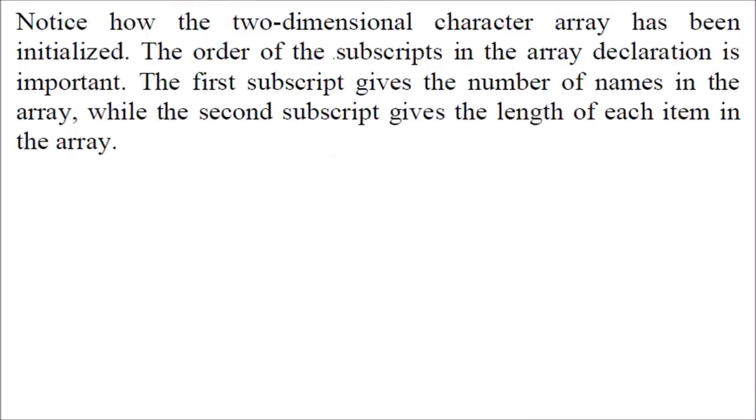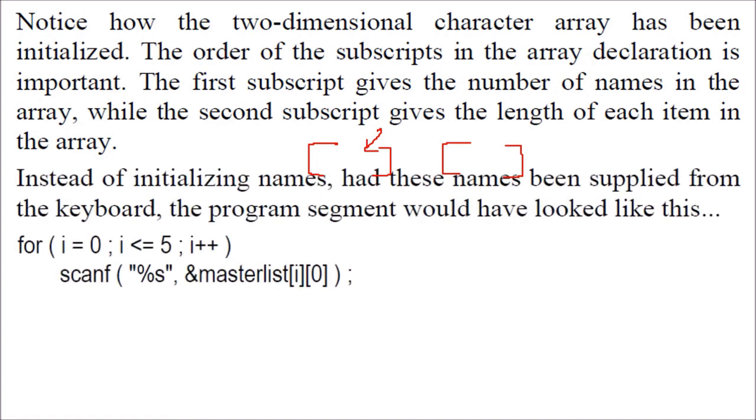Now this two-dimensional array we have initialized, and you have seen the order of subscripts. The first subscript gives the number of names in the array. The second subscript gives the length of each item in the array. And rather than initializing the names, we can also supply the names through the keyboard. How? See, from 0 to 5, because these are 6 values, we are scanning with %s, saying master list i, 0. Here i means all the number of rows, and this is pointing to the first location.